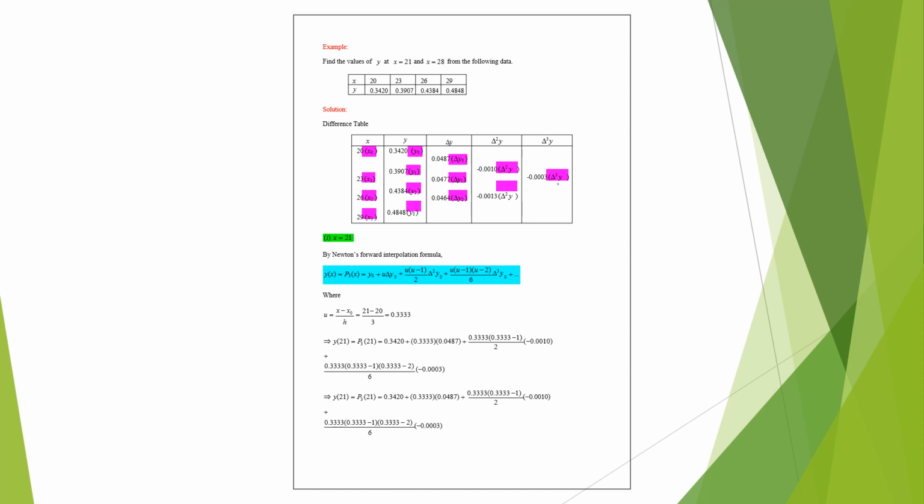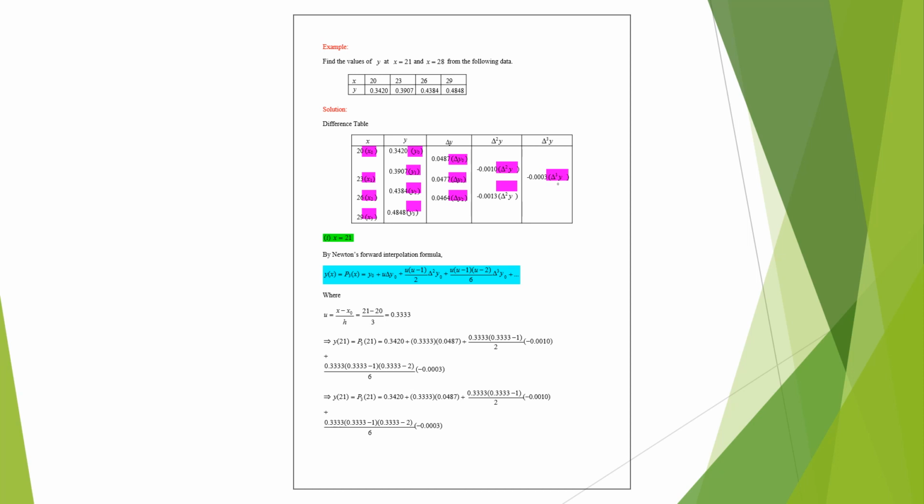The formula for Newton interpolation is y of x is equal to y naught plus u delta y naught plus u into u minus 1 divided by 2 factorial into delta square y naught plus u into u minus 1 into u minus 2 divided by 3 factorial, that is 6, into delta power 3 y naught plus etcetera. This is the general formula for Newton's forward interpolation.